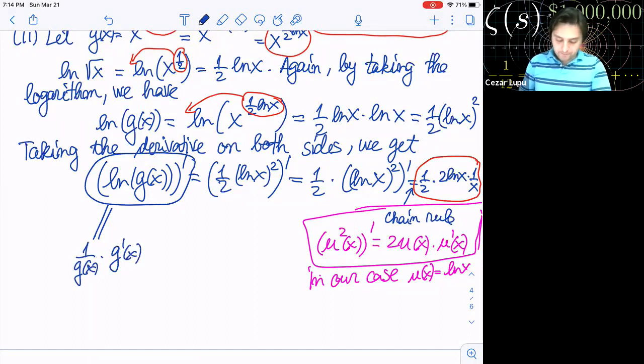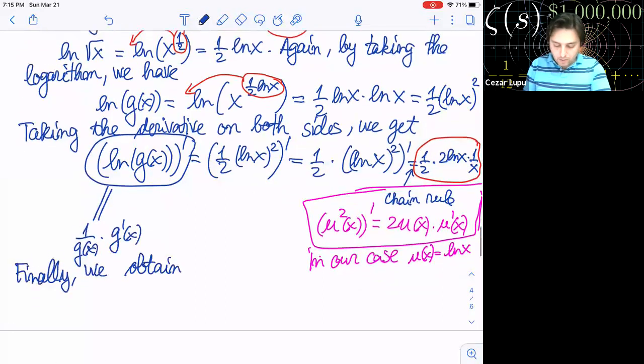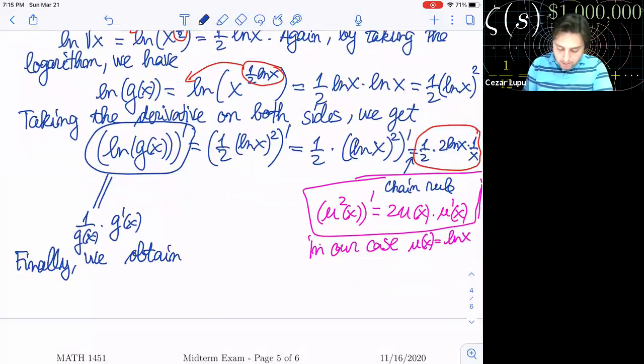So finally, right here, we obtain that g prime of x is g of x times this thing over here, 1/2. Here the 2 will go away, so in fact, let me write it.